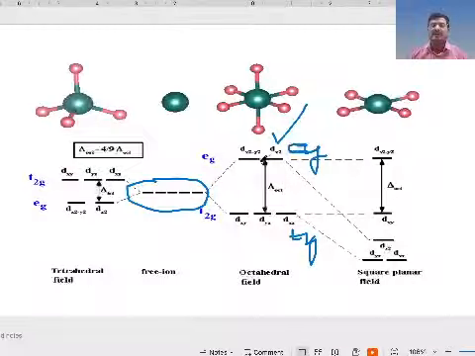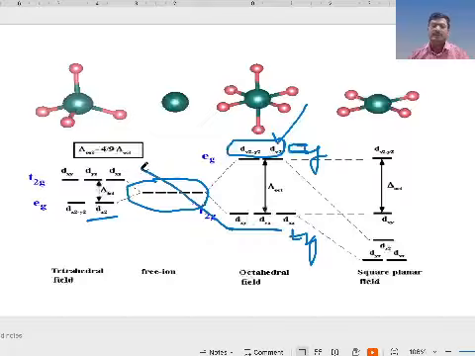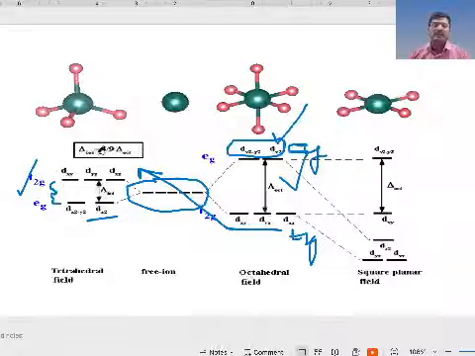The dx square y square and dz square go to the lower energy and these three orbitals go to the higher energy, but the energy gap between these two is different. The delta octahedral is more and delta tetrahedral is less. Almost, delta tetrahedral is equal to 4/9 delta octahedral.